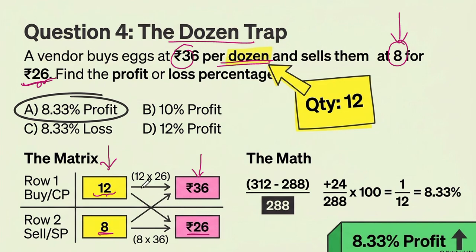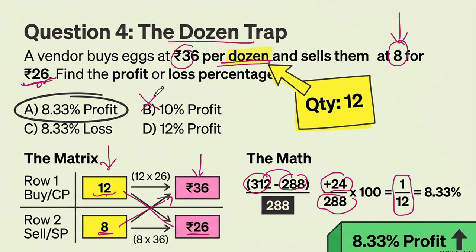So we'll again do the cross multiplication. 12 into 26, which is 312, minus 8 into 36, that is 288, upon 288. So 312 minus 288, which is plus 24 upon 288 multiplied by 100. If we cancel out these numbers, then we'll get 1 by 12. We cannot cancel out fully, so we'll get the answer in decimal.